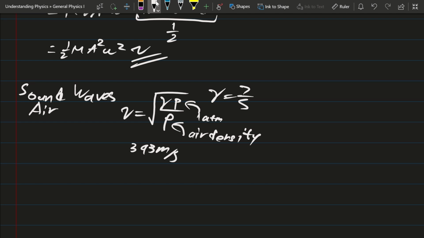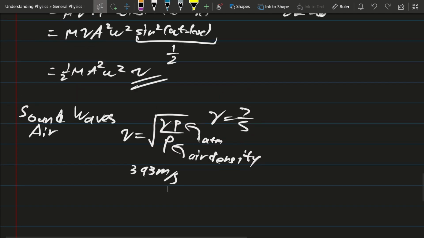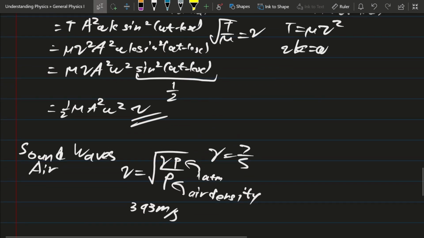Another thing about sound waves is that you could measure its energy as well. Last time we only talked about power, and sometimes it is much more conventional to use intensity instead. So let's first discuss what intensity is. Intensity is basically the power over the area.